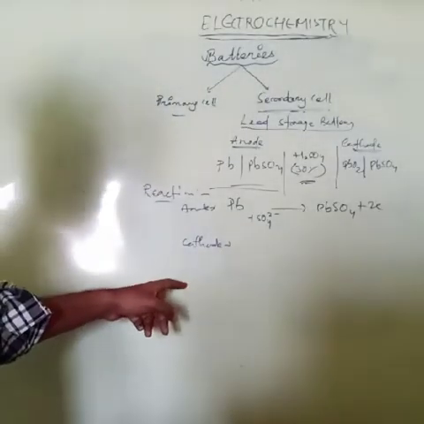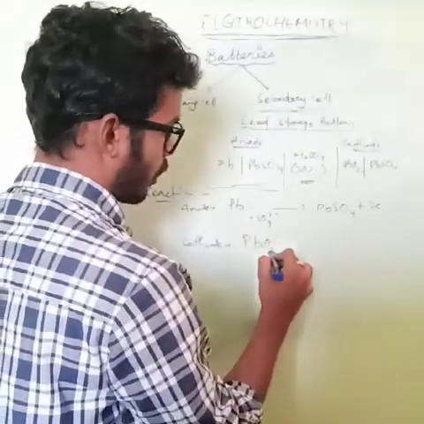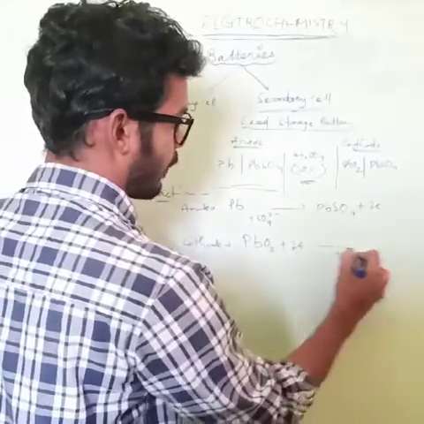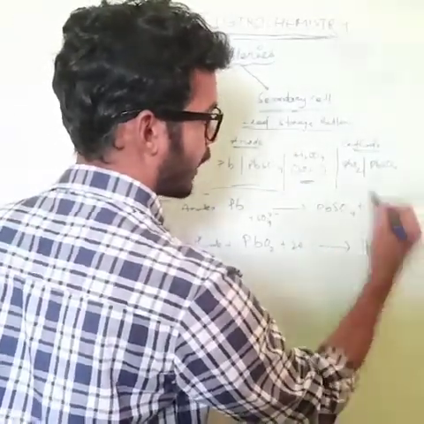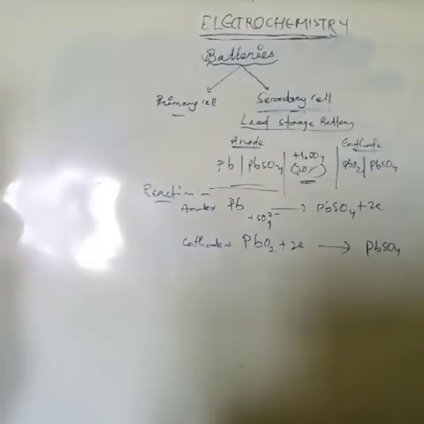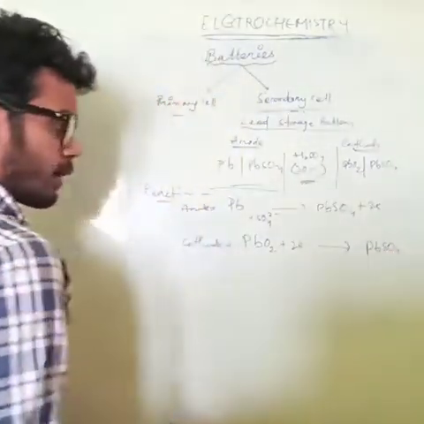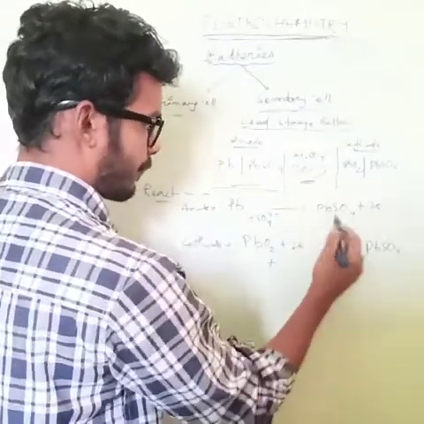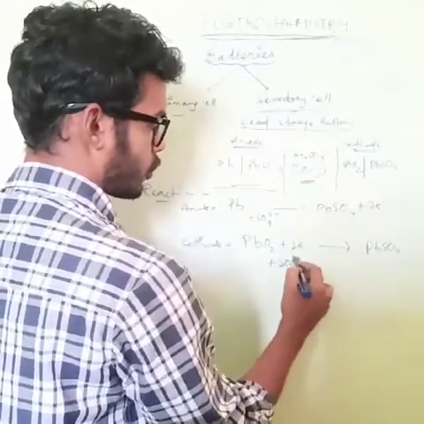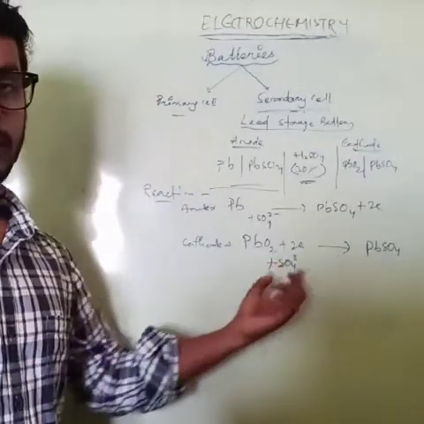In the cathode, what happens? PbO2 plus those 2 electrons will give PbSO4 again. How is it giving that PbSO4? The 2 electrons again combine with this SO4 2 minus. You need to balance these reactions all the time.